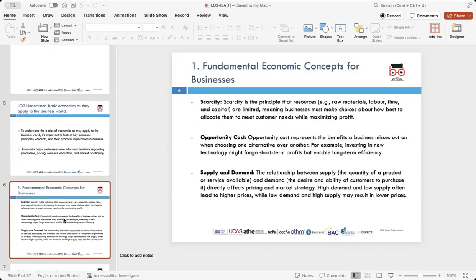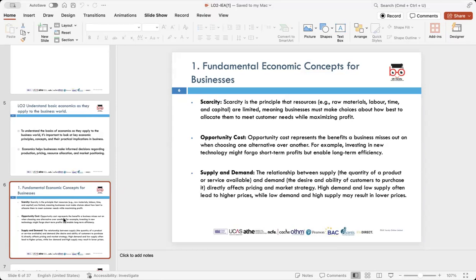Okay, fundamental economic concepts of business. One of the most important concepts in economics is scarcity. Every business operates with limited resources, including raw materials, labor, capital, and time. Because these resources are finite, businesses must make strategic choices about how to allocate them efficiently.